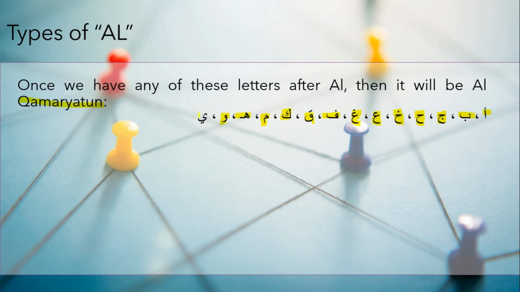These letters, once you see them after L, then it's qamariyyah. You have to pronounce the lam after the alif. So if you use one of these letters, then it will be qamariyyah.